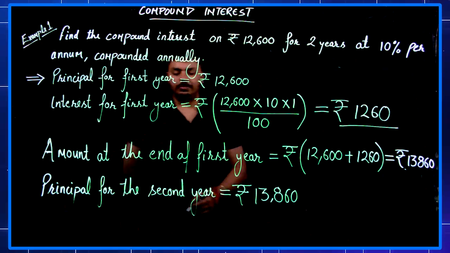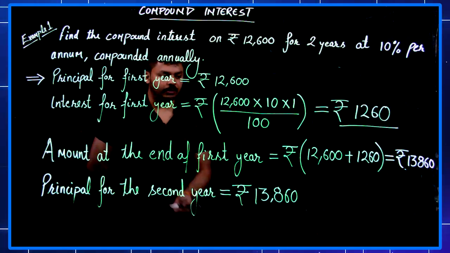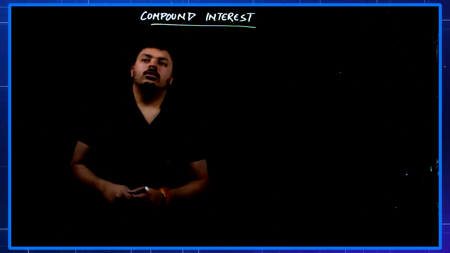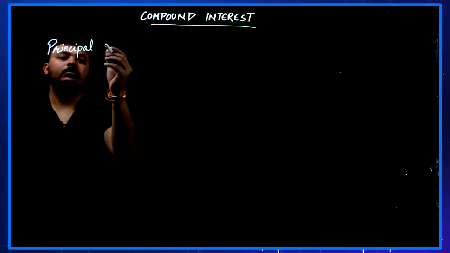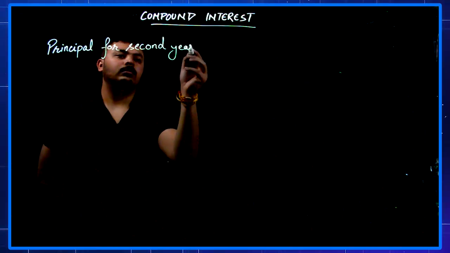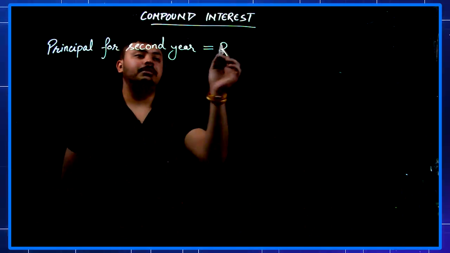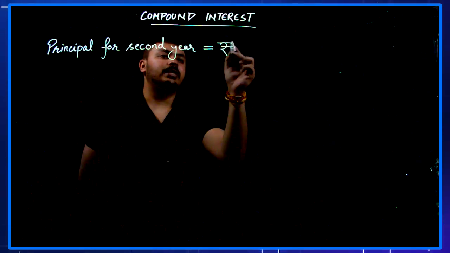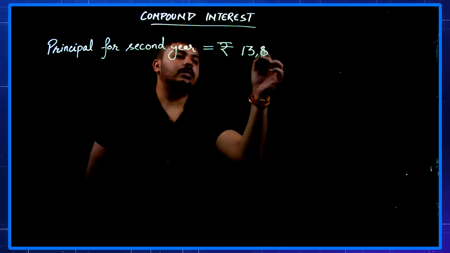So now the principal for second year is the amount that was in the first year. So now the amount of the first year becomes the principal for the second year, that is 13,860.